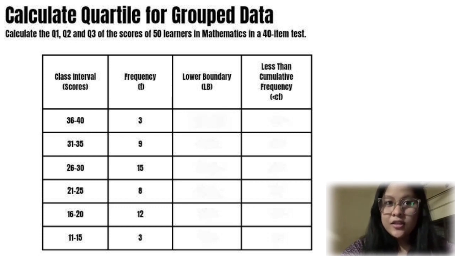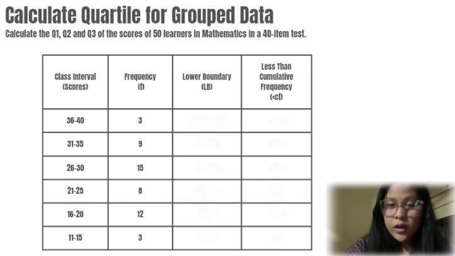To get the interval, we identify the number added from the previous one. For example, 11 to 15: we count 11, 12, 13, 14, 15, and our interval is 5. Our i is 5, so i = 5.